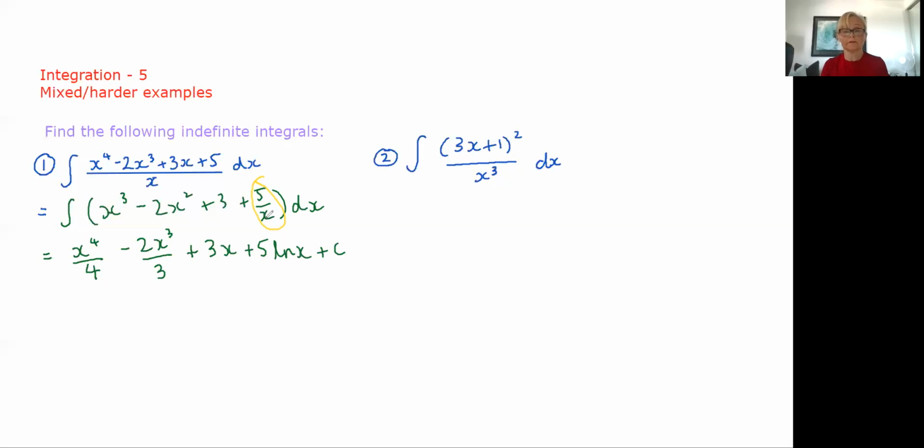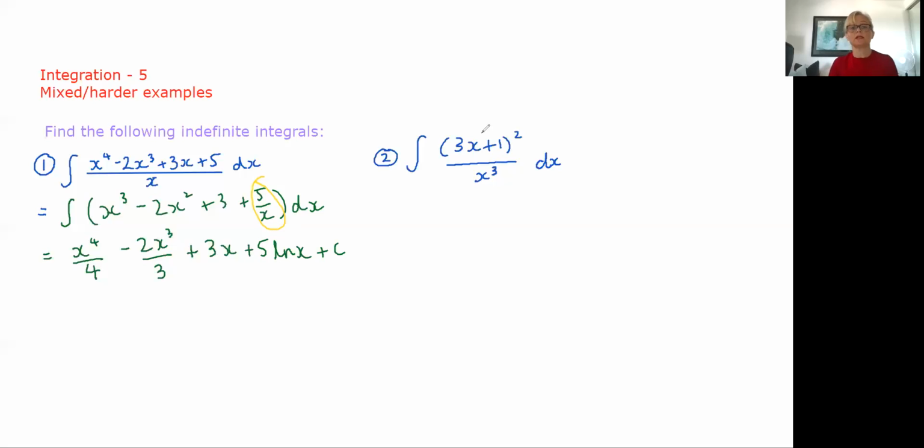If you were to forget this rule, alarm bells should start to ring once you change that into a 5x to the negative 1, because if you increase that index by 1, you get to 0, and then you're going to be trying to divide by 0.